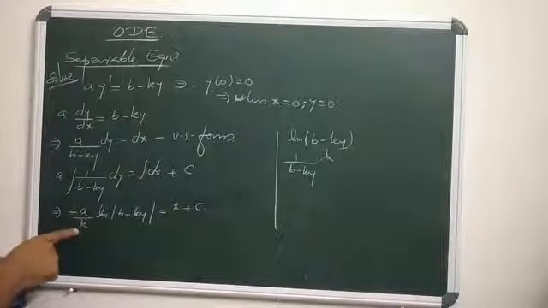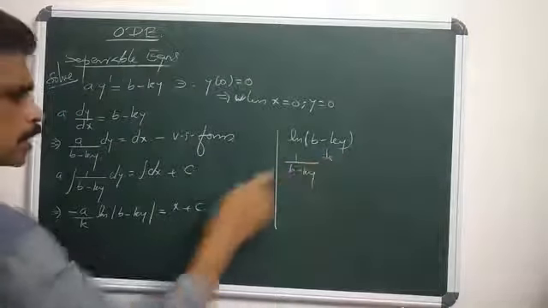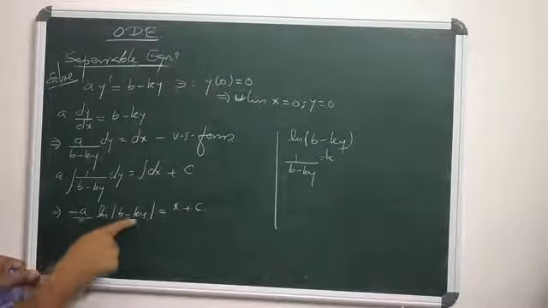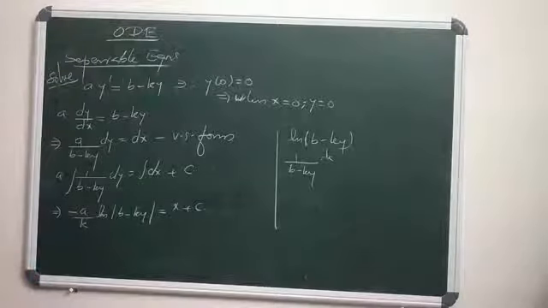In order to eliminate this minus k, you introduce a minus k here. So it is minus a by k into log b minus k y equals x plus c.